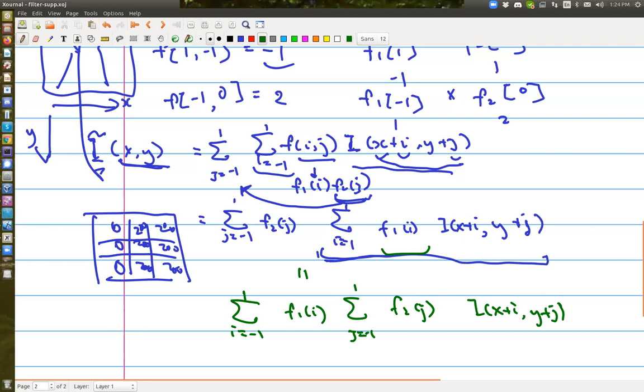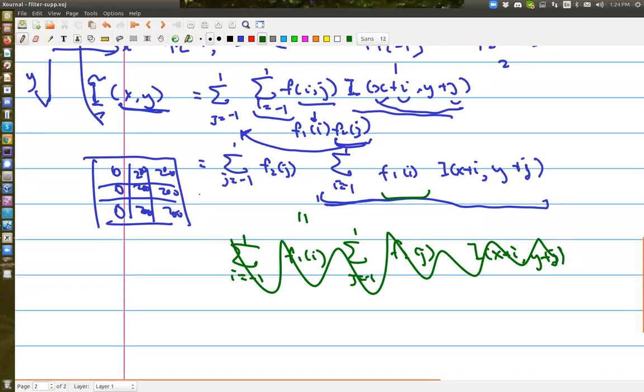So you can do it horizontally first and then vertically. The order actually doesn't matter. I just want to put a remark here that the order of doing that doesn't matter. But let's go back to here.